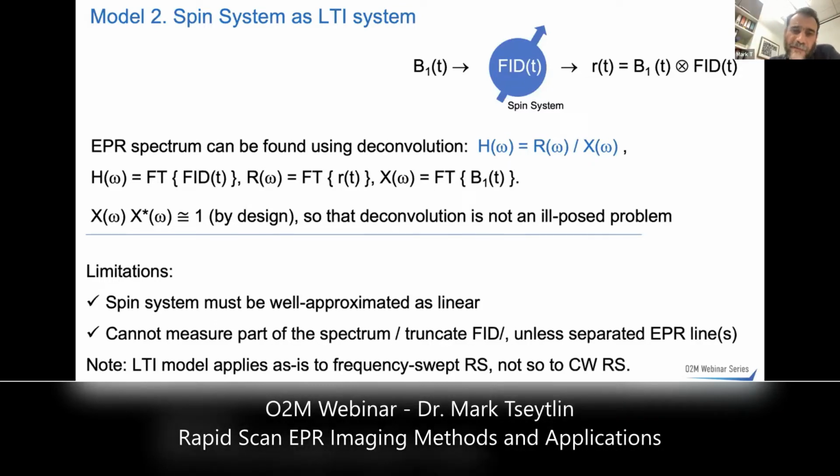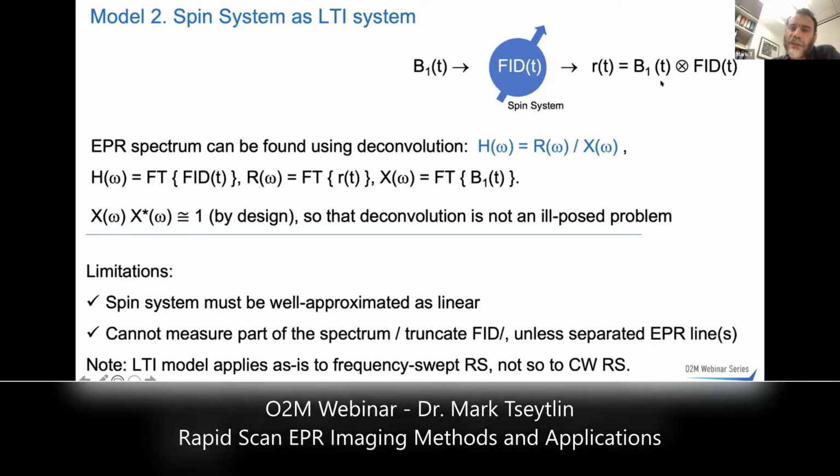Except there are some caveats, some details. For example, you don't want to divide by 0. So you need to be careful how you select this B1 of t function, so that in the frequency domain it approximates 1, so you don't have an ill-posed problem and you have a stable solution.